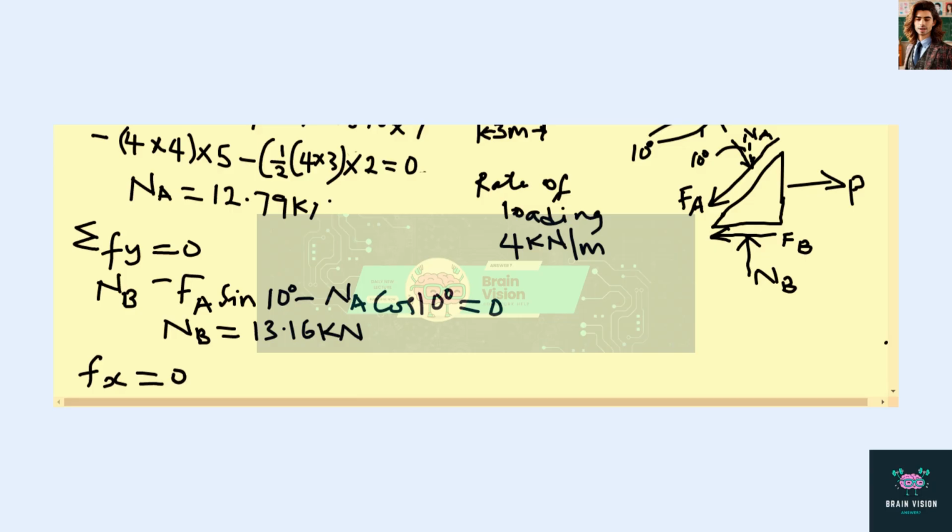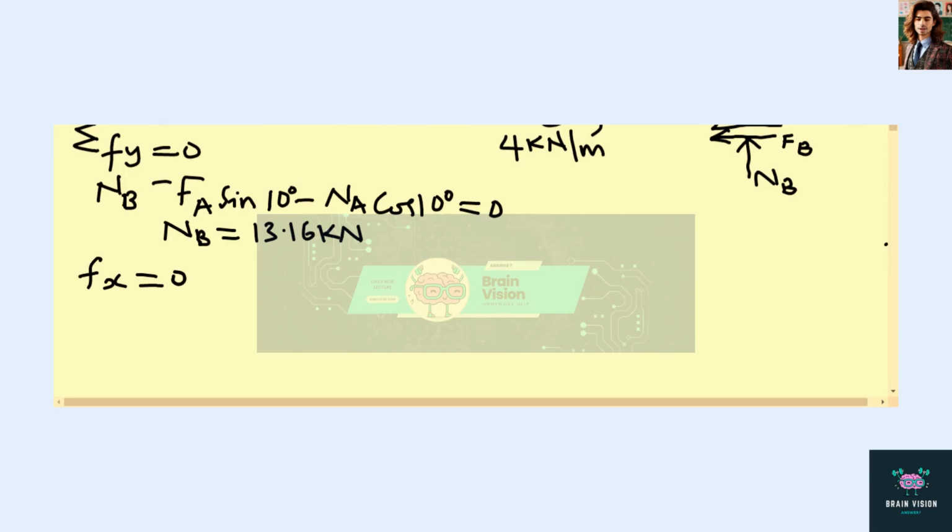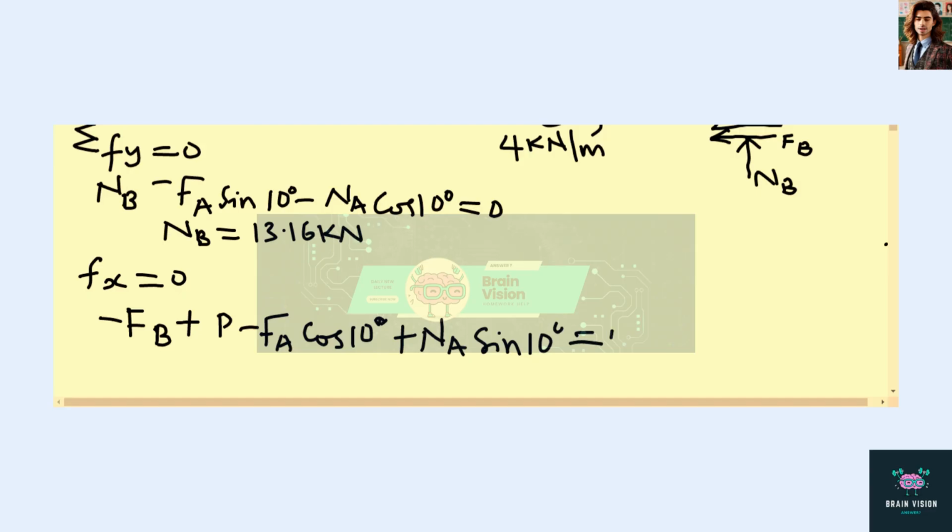When you do that, you're going to have minus Fb, just pick them from the diagram there, Fb plus P minus Fa cos 10 degrees plus Na sine 10 degrees, so equal to 0.